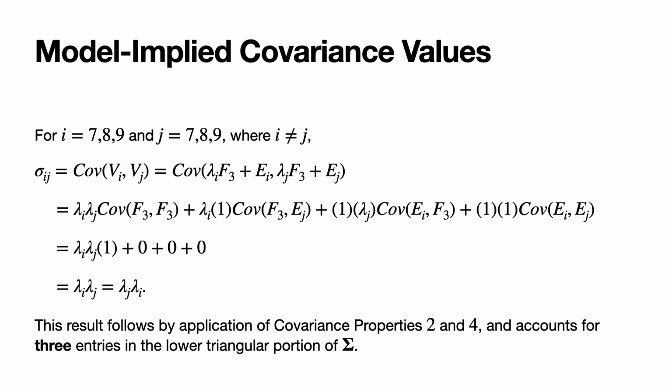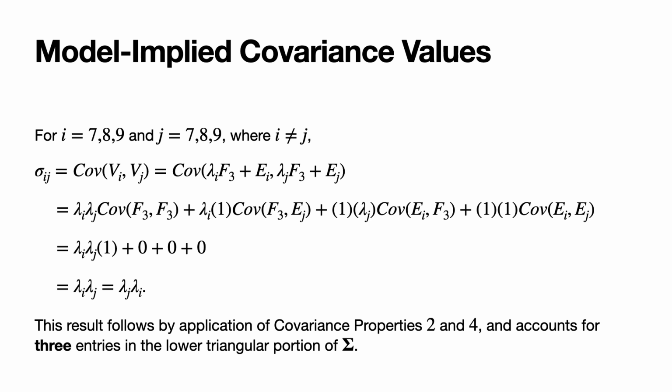This simplifies to lambda sub i times lambda sub j times 1, where again 1 is the variance of f3, which is the same as the covariance of f3 with itself. And then the rest of the terms are equal to 0 because of the assumptions made about the covariances in those terms.